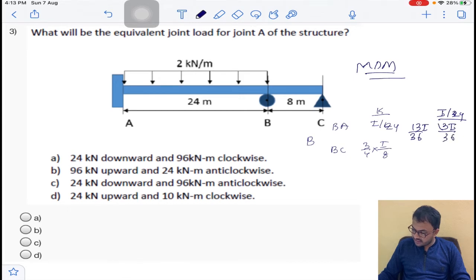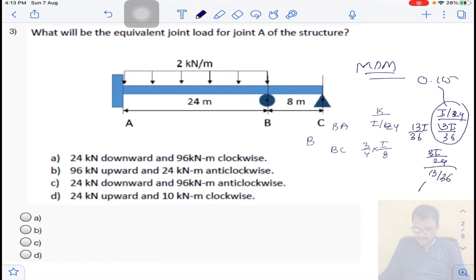This entire thing gives 0.115. And the distribution factor for member BC is 3I by 8 divided by 13I by 36, so you will get 0.885.